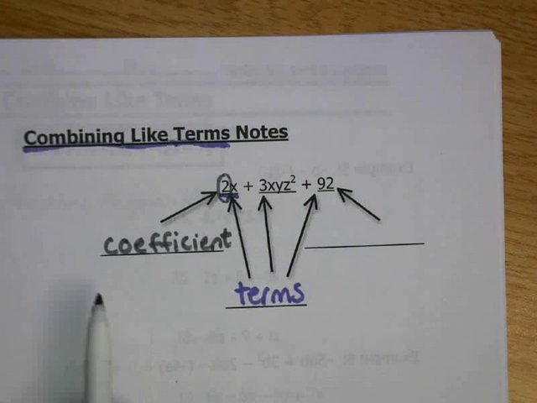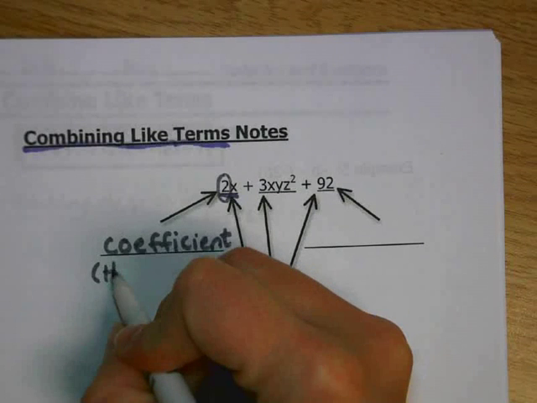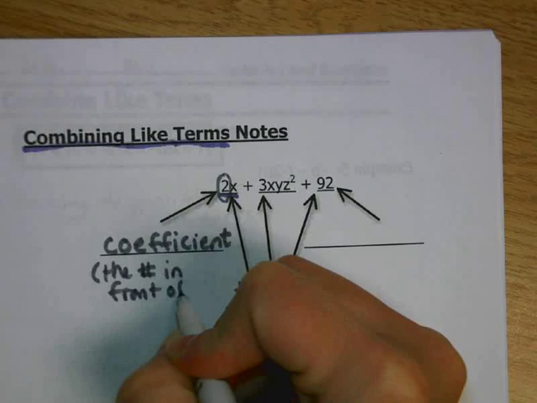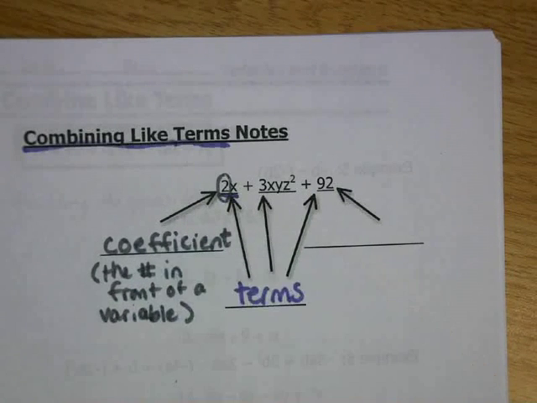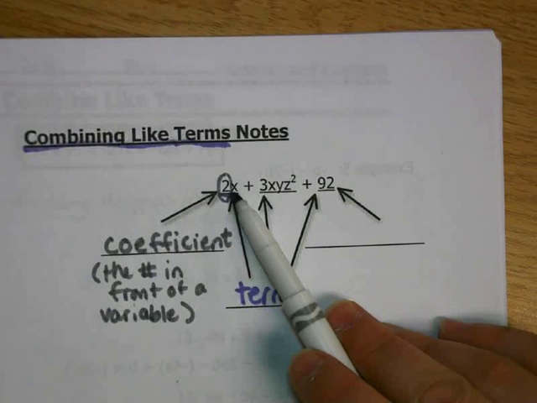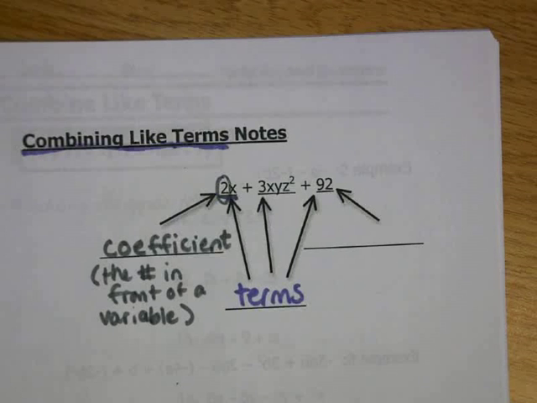Has anybody heard that before? Coefficient. We're going to put what this is so we remember later. It is the number in front of a variable. It basically tells us how many variables there are. There's 2 x's, or 2 times x. So the 2, the coefficient, tells us how many variables we have.